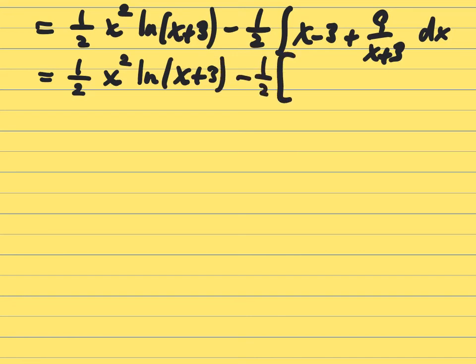Okay, I'm going to start some brackets here. In the integral, taking one term at a time, x has an antiderivative of x squared over 2. Negative 3 has an antiderivative of negative 3x. Nine over x plus 3.